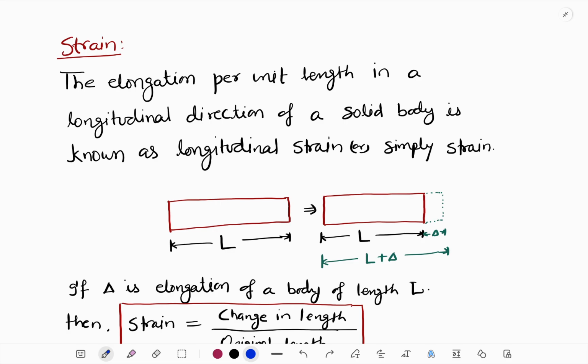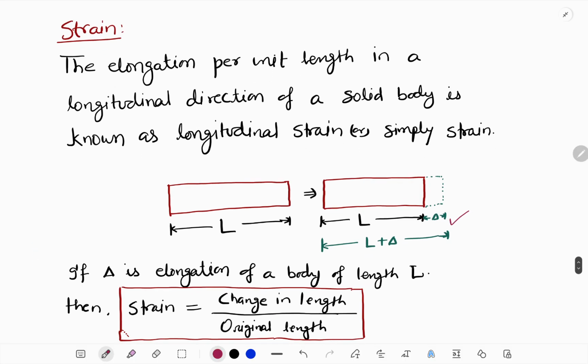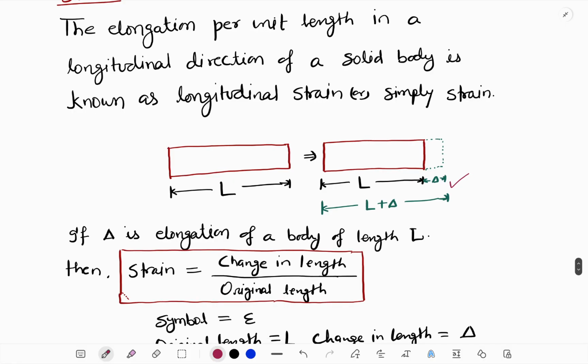Due to the tensile load, the length of the solid member will increase by delta, as indicated here, and the total length will now become L plus delta. Earlier the length was L, now it increases by delta.